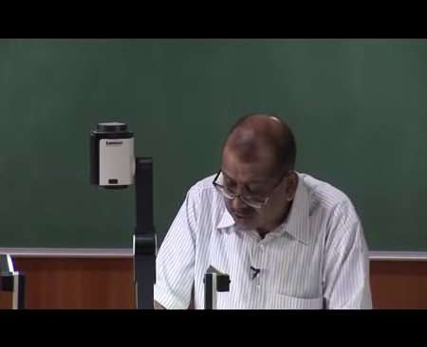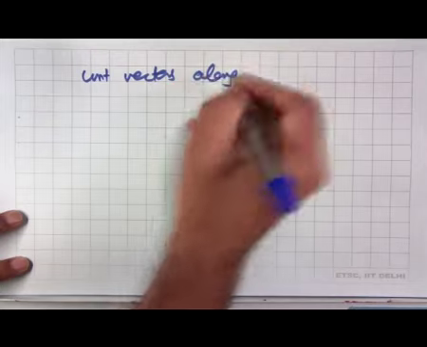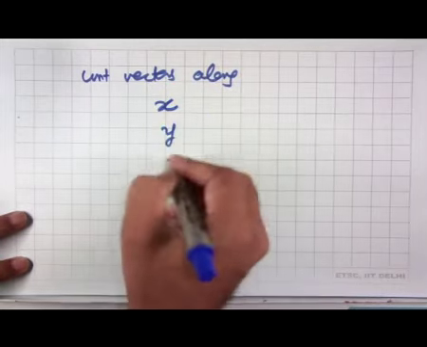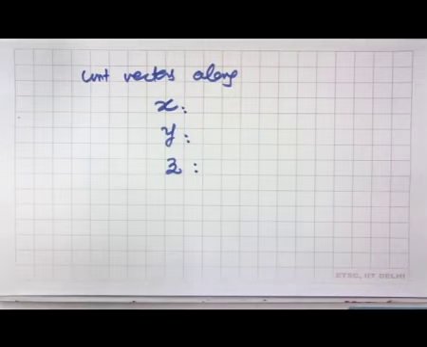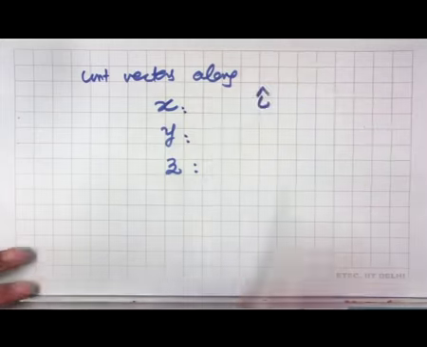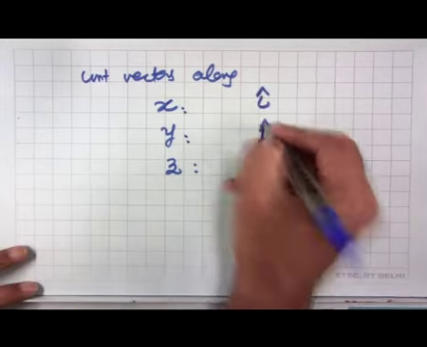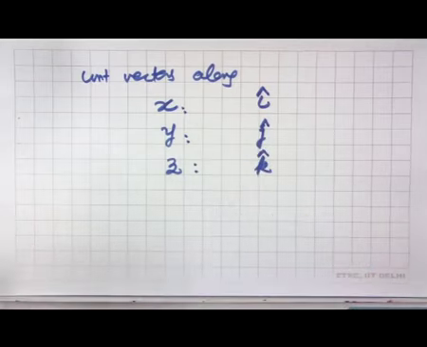Now, what we do is we write unit vectors along x, y and z axes. Now, these axes have a fixed direction. So, for a unit vector along the x axis, we will use the symbol i. This is very common. For a unit vector along the y axis, we use the symbol j. For a unit vector along the z axis, we use the symbol k.